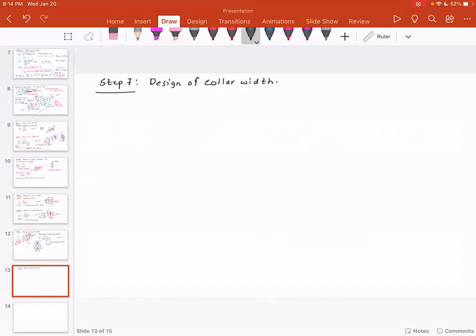And if you look at the collar width, that is nothing but because of the double shear.